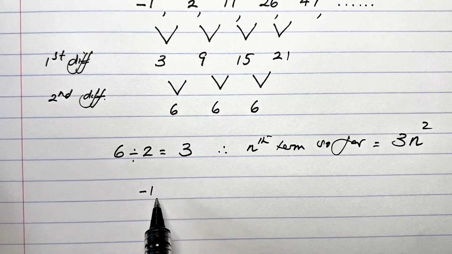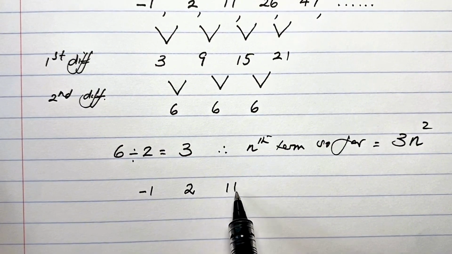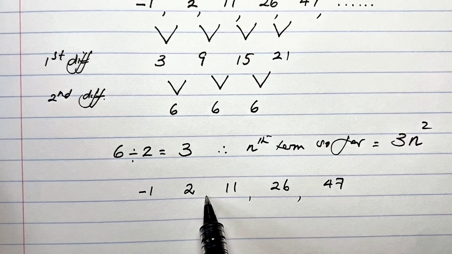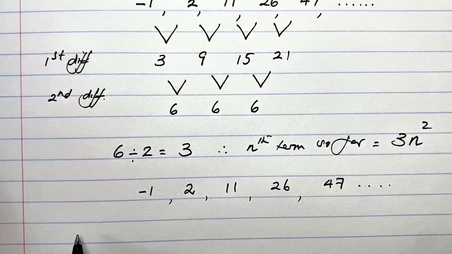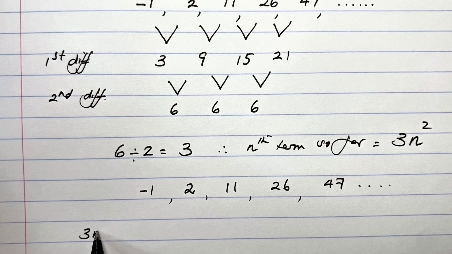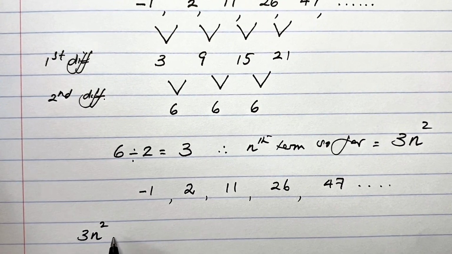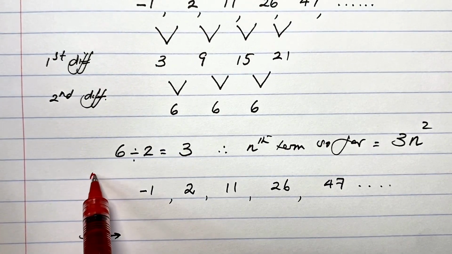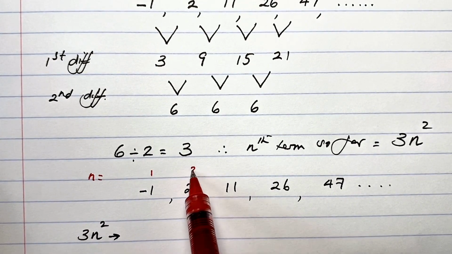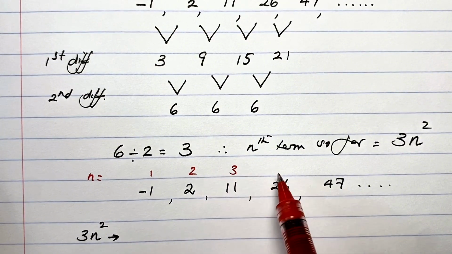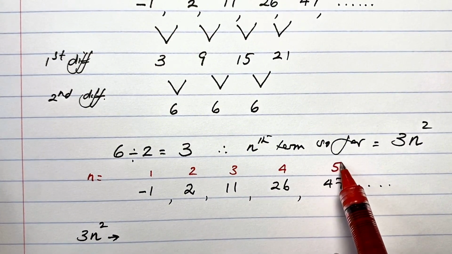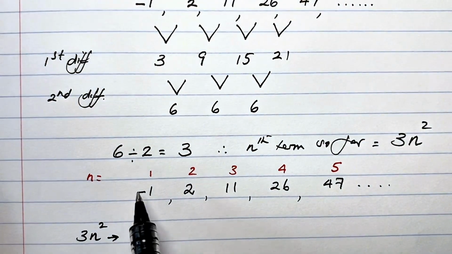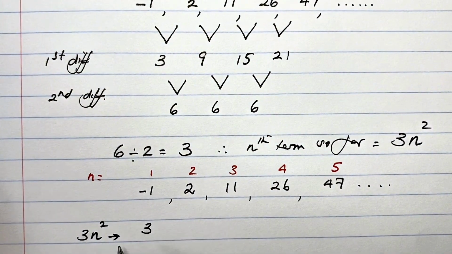Start again with the sequence we have, and see what 3n squared produces. Again, 3n squared, when n is 1, produces 3.